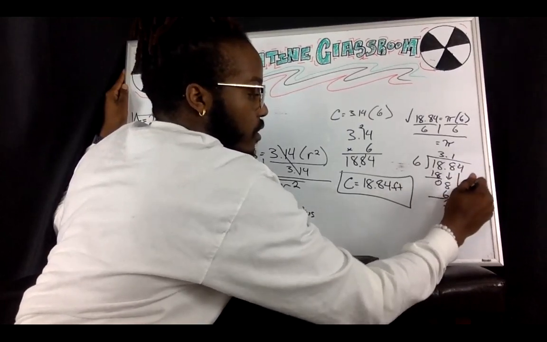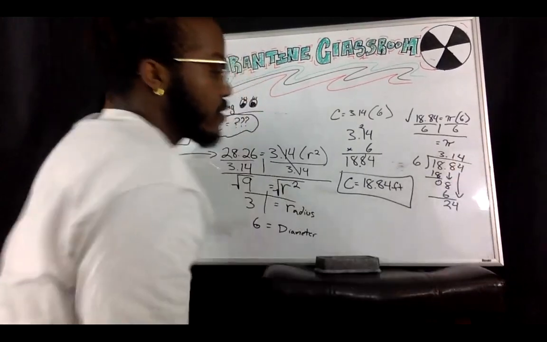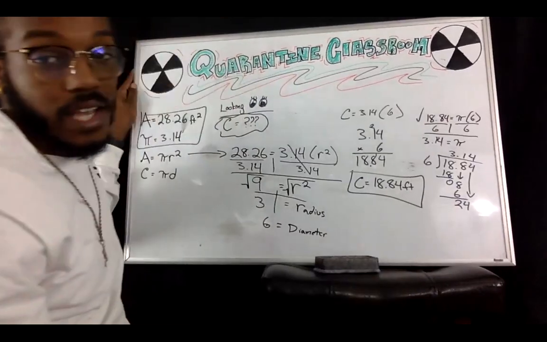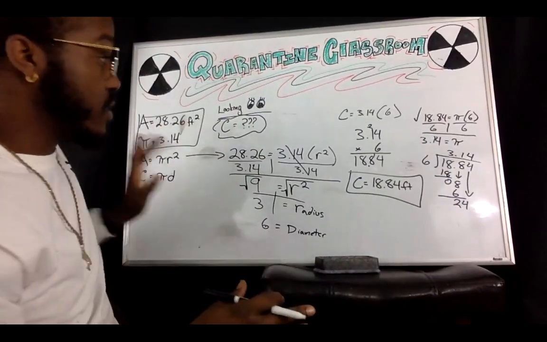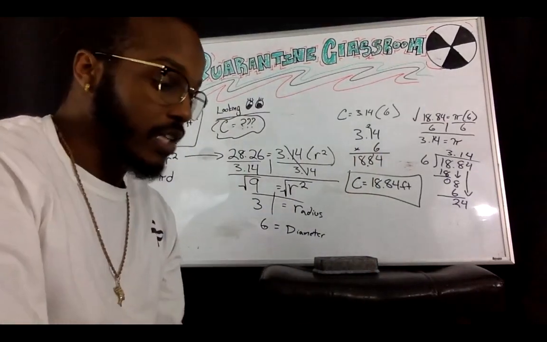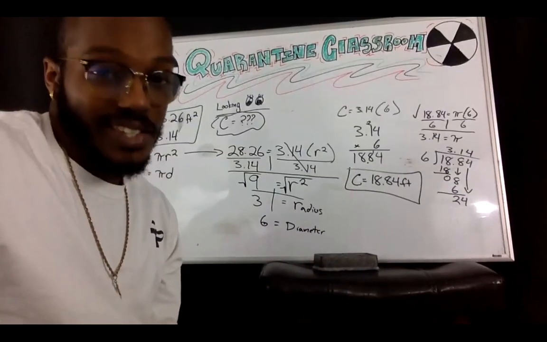Bring down my 4. 6 goes into 24 4 times. That is my check. That is how I know that this makes sense. This is the workflow that you're going to do when you're doing these practice problems, level 1, level 2, your exit ticket. Your work should definitely look like this each and every time.